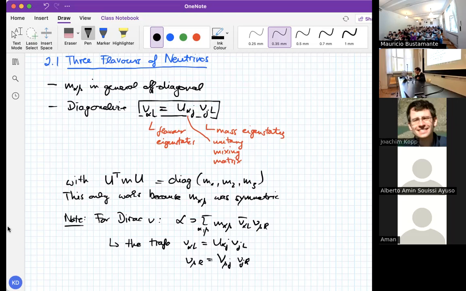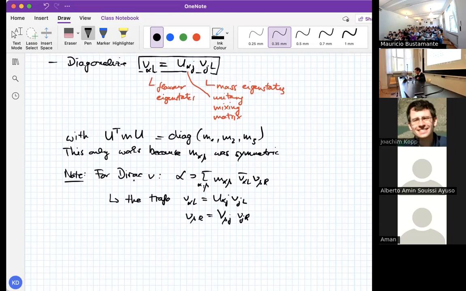So we need to do two unitary transformations, which are defined via U dagger times m times V being a diagonal matrix. As physicists, we call this a diagonalization. As mathematicians, we would call that a singular value decomposition. And that works for general complex 3x3 matrices.